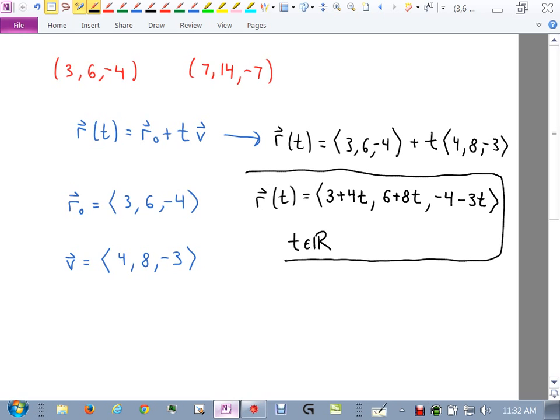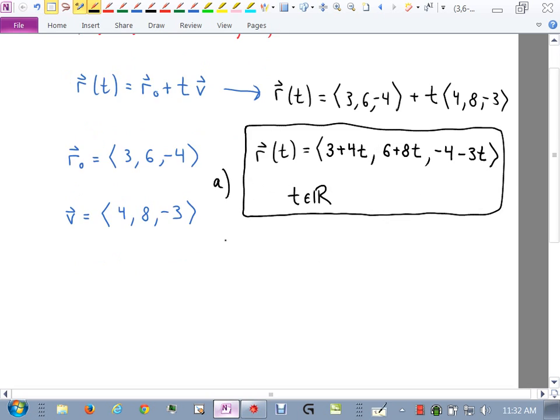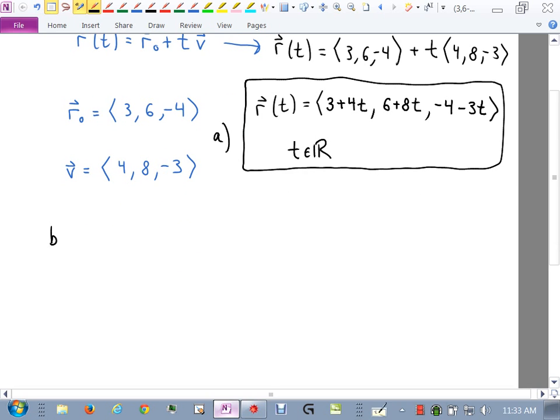This is the vector equation of the line connecting those 2 points together. That's the answer to part A. So what about part B? Find the parametric equations of this line.